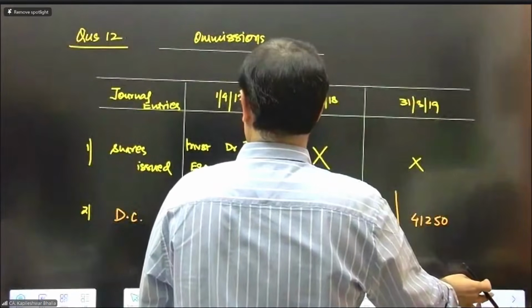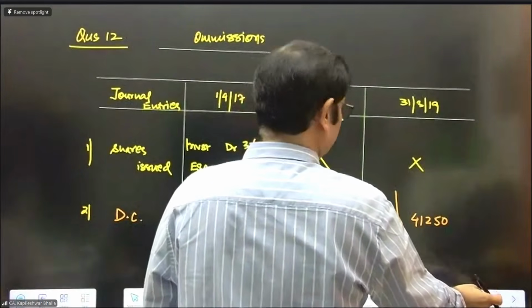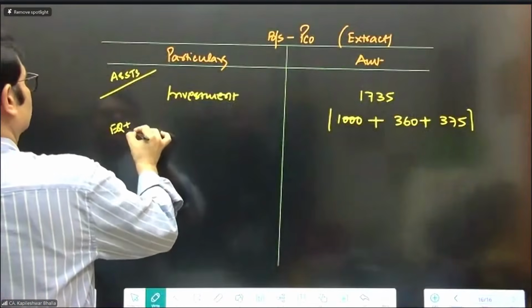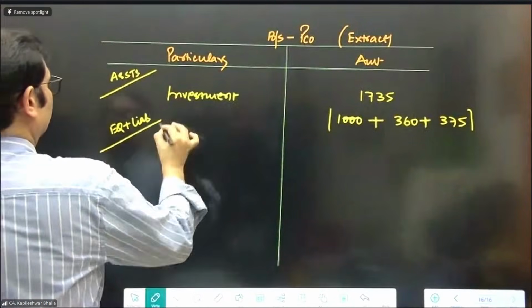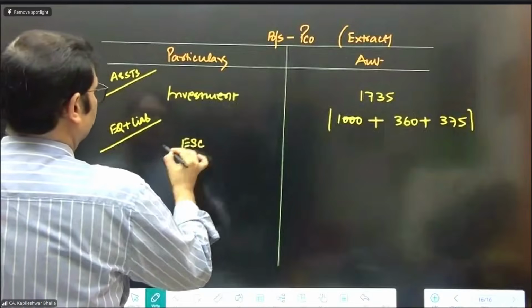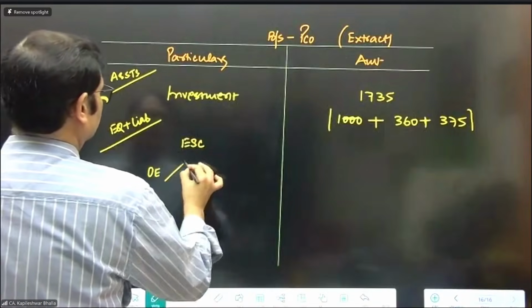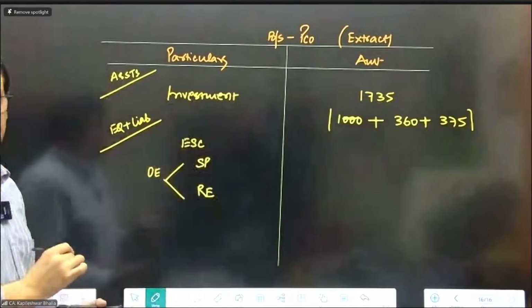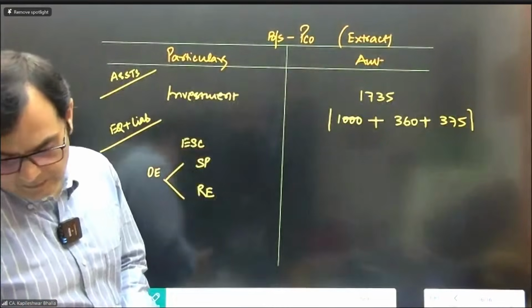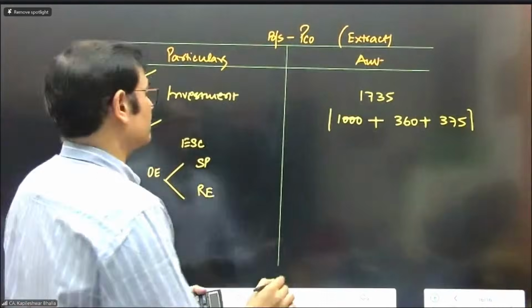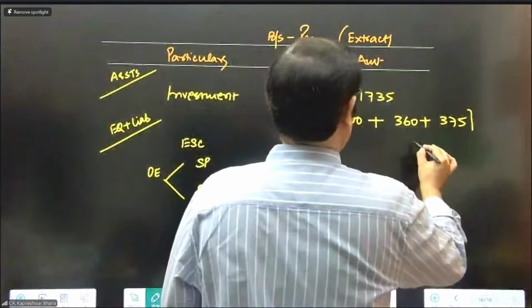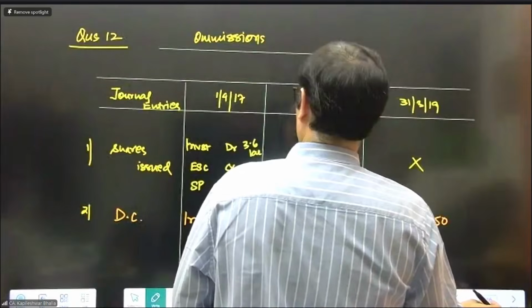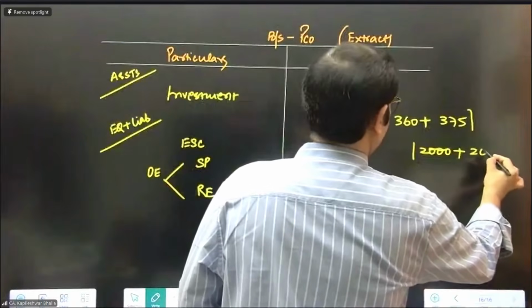Then on the liability side, we've got share capital, premium, DC, etc. So on the equity and liabilities, we need to make changes on the equity share capital, other equity, premium, as well as retained earnings. The share capital in the balance sheet is 2,000, and we've issued equity share capital, which is 200.